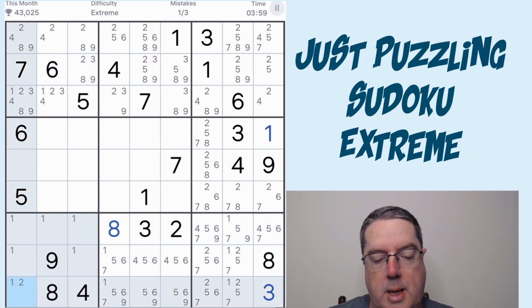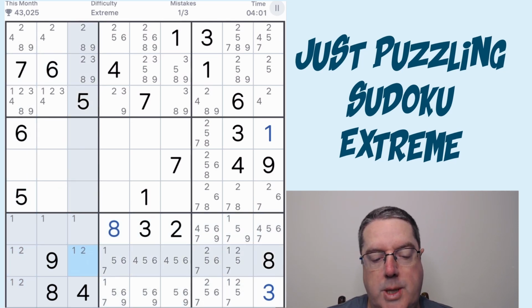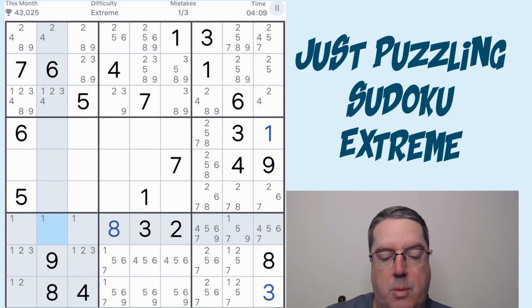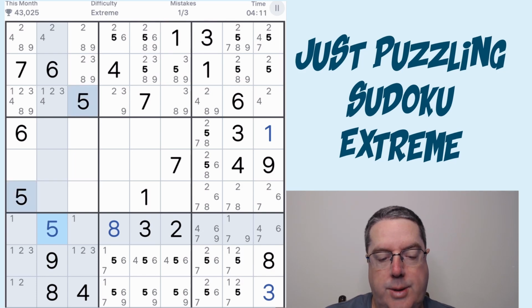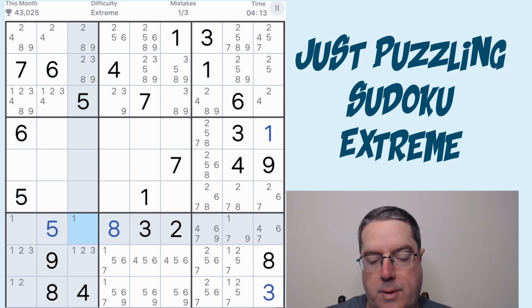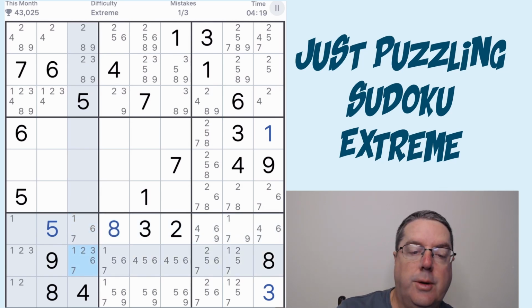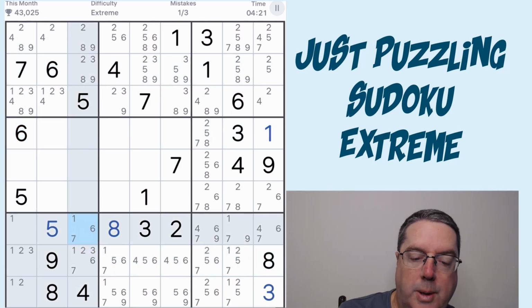2 can be in these. 3 can be in these 2. 4 is there. 5 is that one there. 6 can be in these 2. 7 can be in these 2. Okay, so 6 and 7 can only be in this side here.